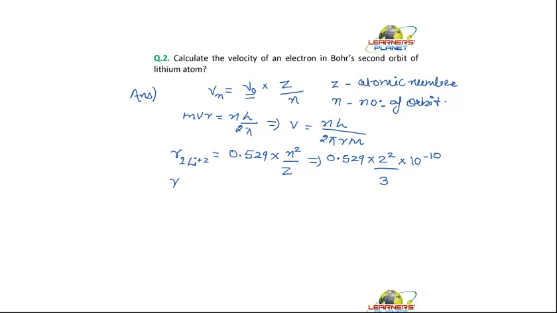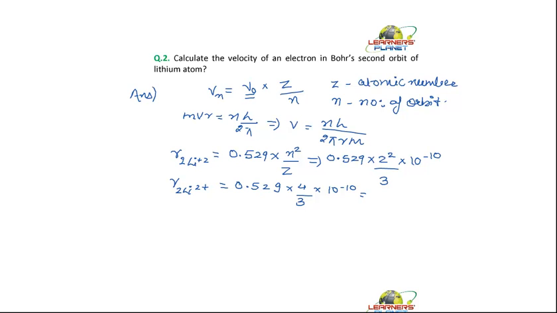This is in angstrom, students, so we multiply by 10 to the power minus 10. So the radius of the second orbit of lithium ion will be equal to 0.529 multiplied by 4 divided by 3 multiplied by 10 to the power minus 10.